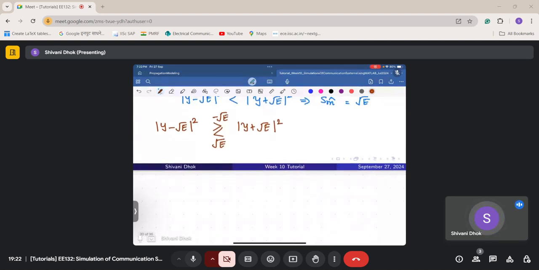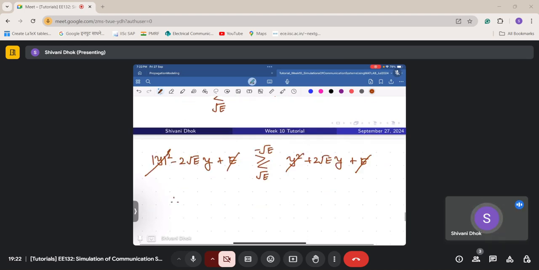These are anyway real values, so this mod is equal to simple square. So we can write it as y square minus 2 root E y plus E greater than or equal to y square plus 2 root E y plus E. These get cancelled, these are common.